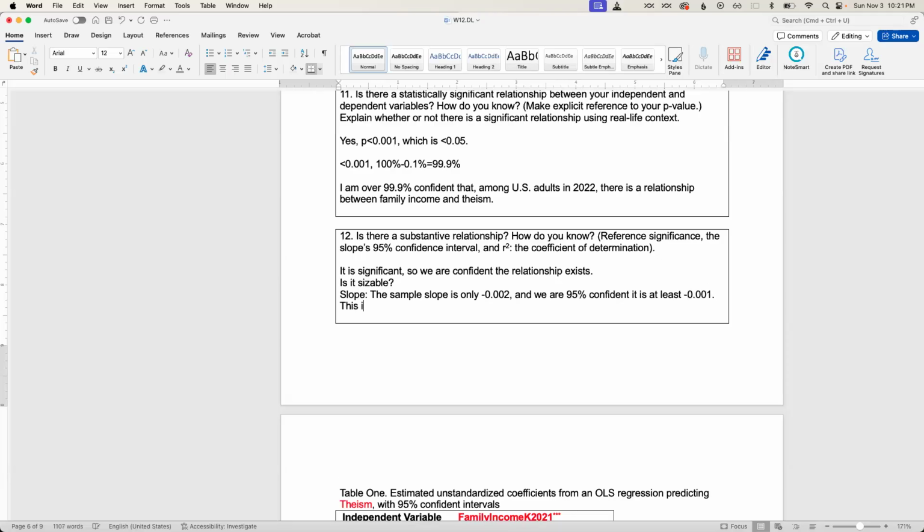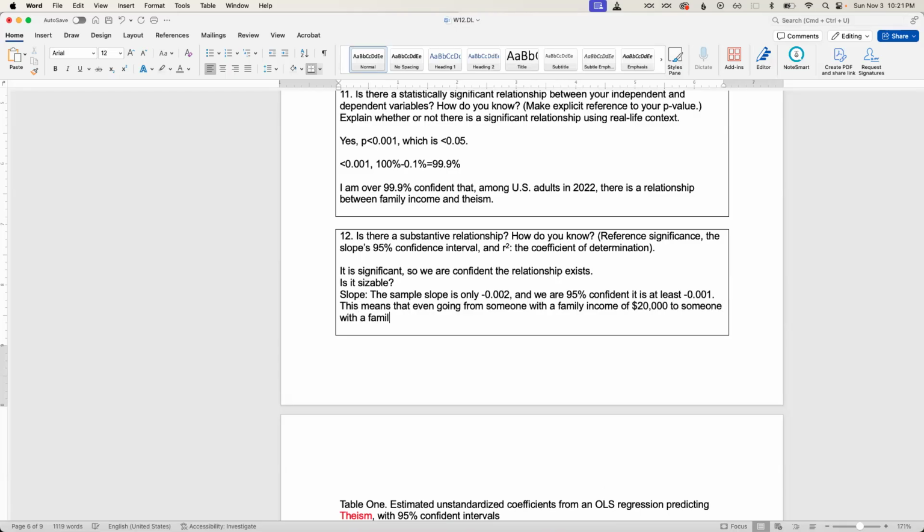This means that even going from someone with a family income of $20,000 to someone with a family income of $100,000, their predicted theism will not change much. It's not a consequential or big change. So I'm going to say it's not.